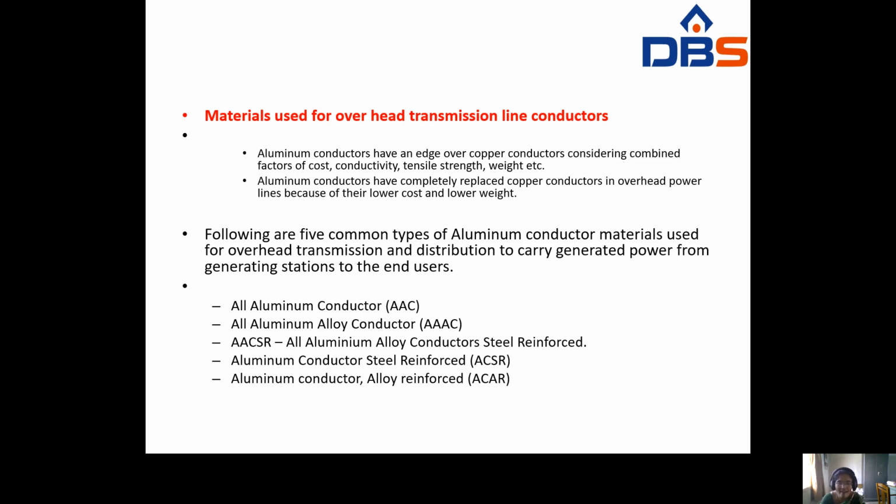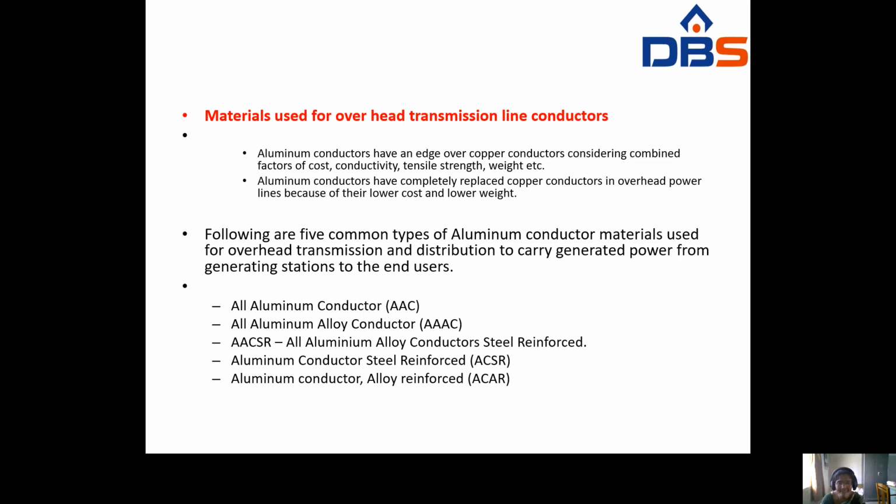Why? Because from the point of view of cost, conductivity, as well as tensile strength and weight, when you take all these parameters into consideration, aluminum is more suitable. That's why we take aluminum for the overhead transmission line conductor.